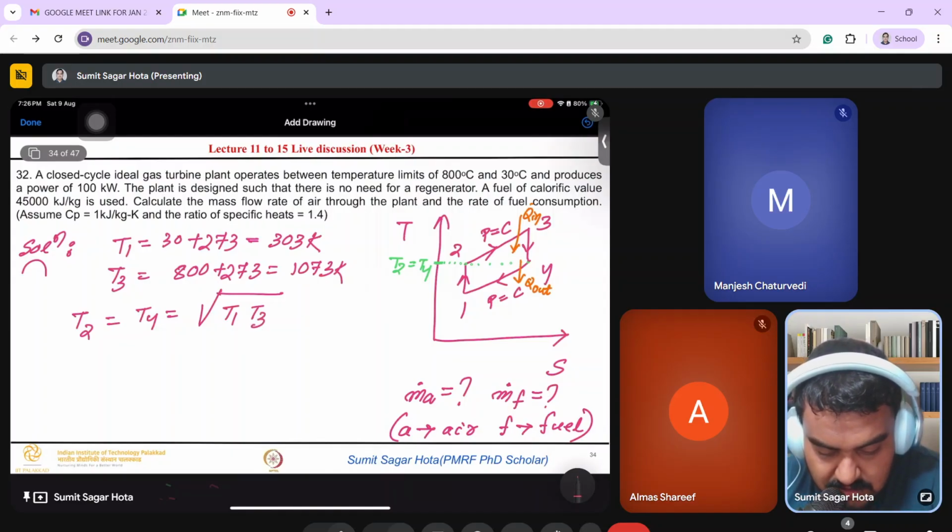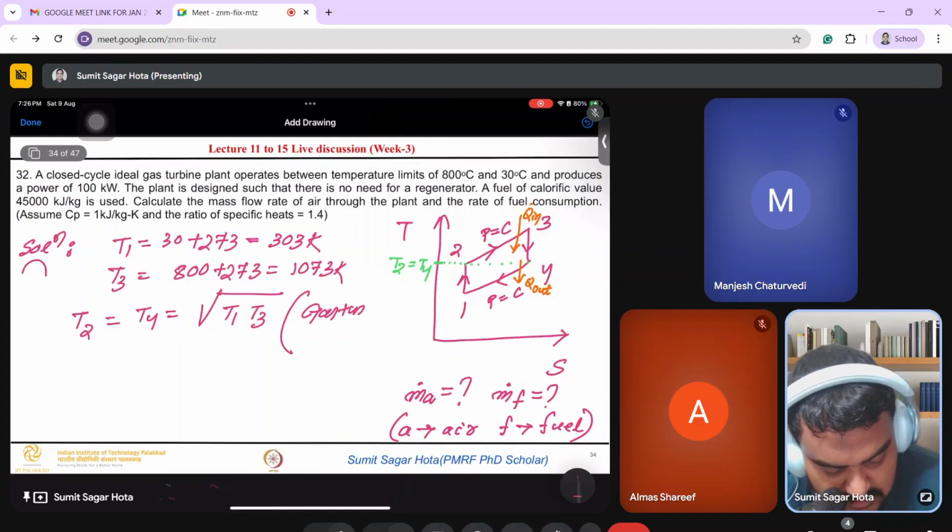Now, we can apply this equation for a gas turbine with no need for a regenerator.